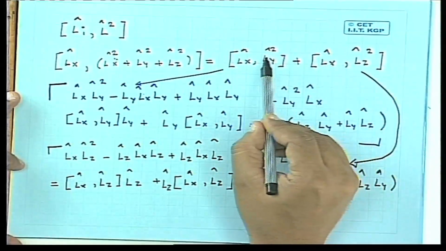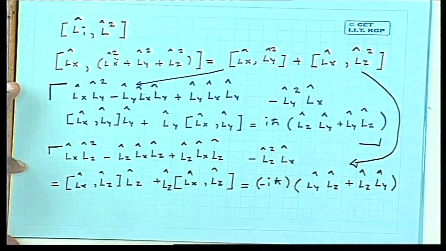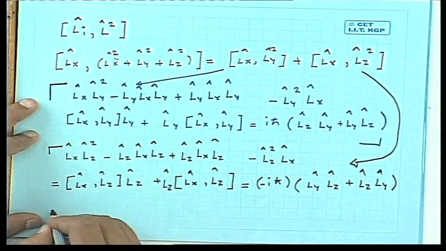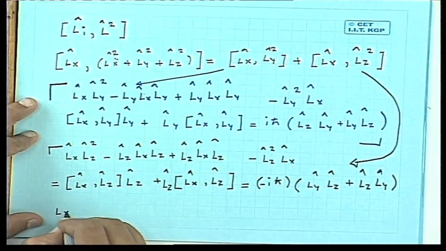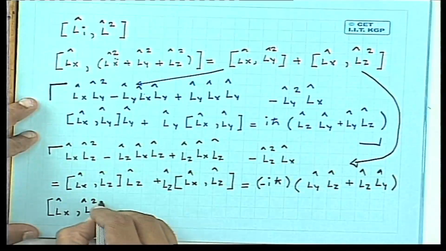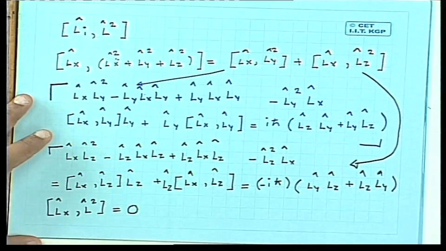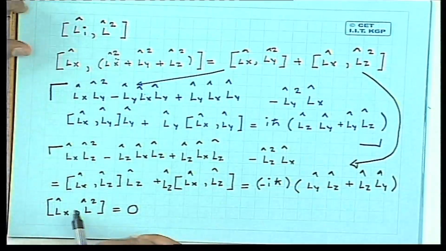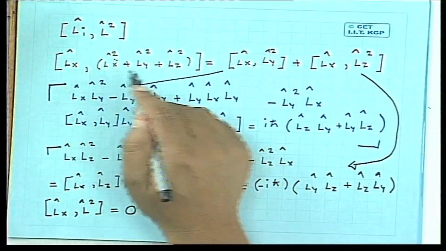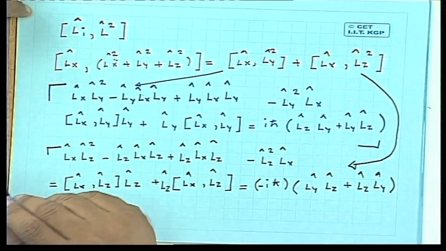So this and this are negative of each other, and they exactly cancel out. So what we find in conclusion is that the commutator of Lx with L squared is equal to 0. Okay. So the x component of the angular momentum commutes with the operator corresponding to the square of the angular momentum.